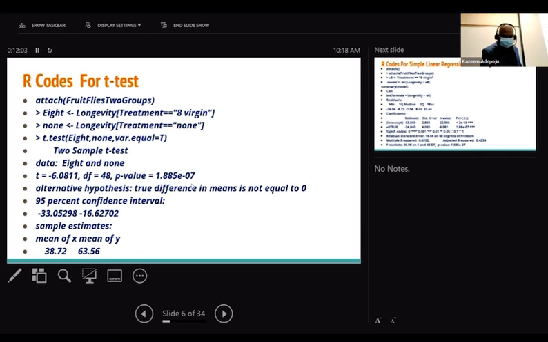The p-value here is very, very small, right? Which means you're going to reject the null hypothesis, which means there's a significant difference between the longevity of V8 virgins and none, right? It's a significant difference between them.